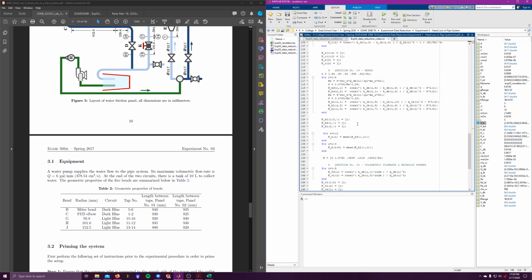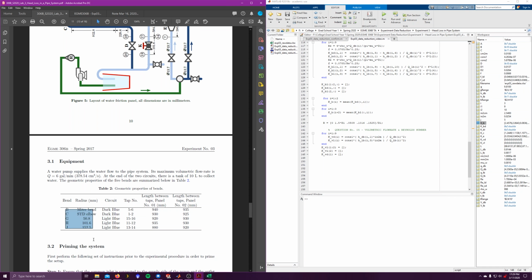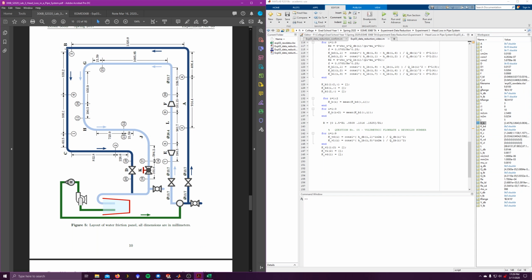Now I've added this one line of code. Again, we want to plot these minor loss coefficients for the bends compared to the value r divided by d. So we need the radius for all of these bends. They're given right here. For the minor bend, that's just going to be 0. It's bend B right here.